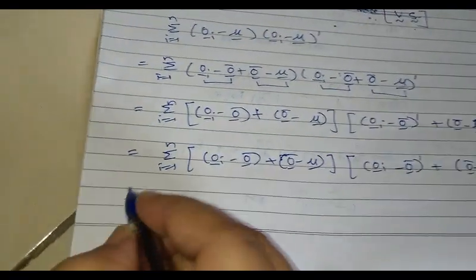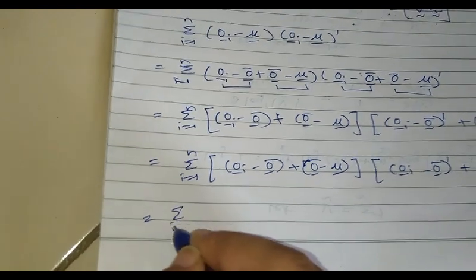So if I simplify this further, I would have sum over i going from 1 to n.